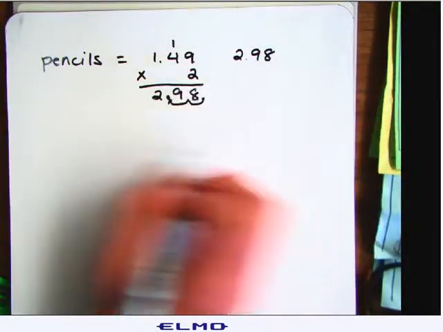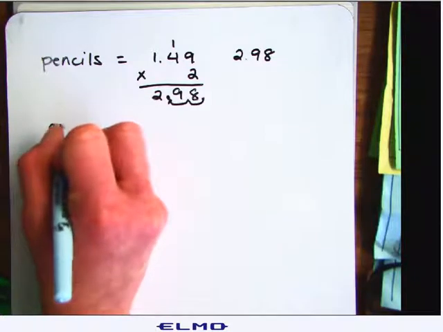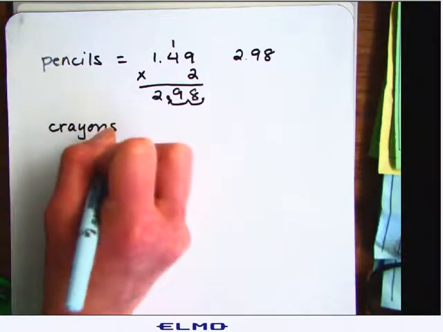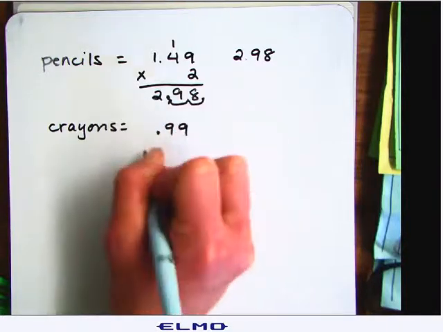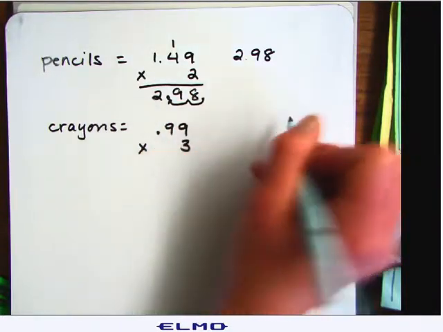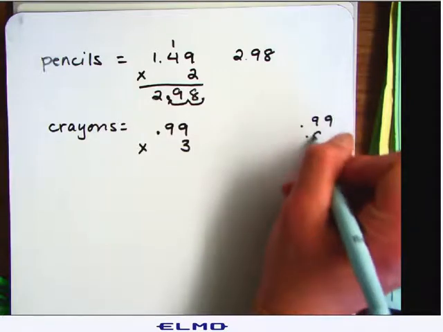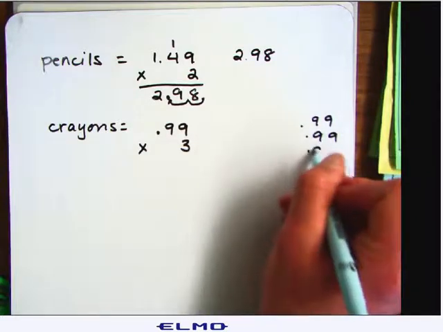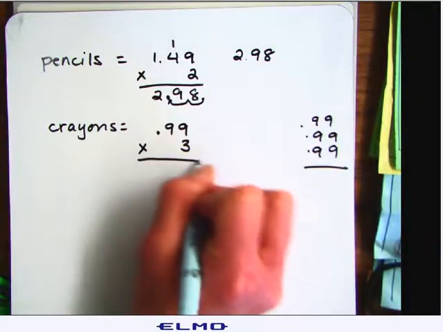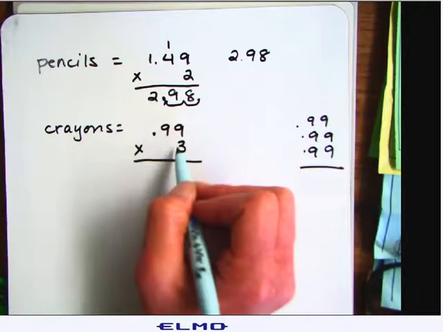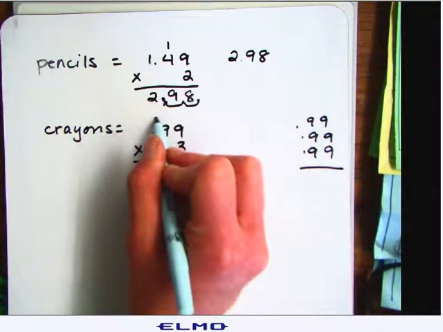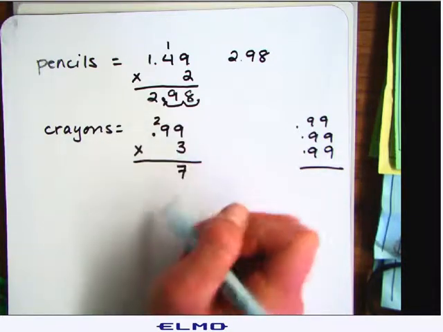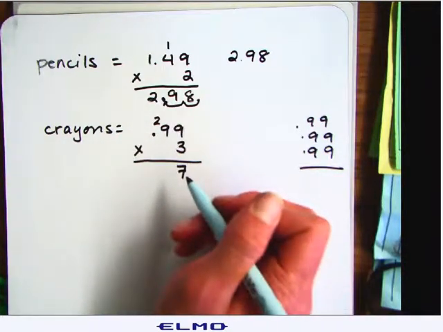And then we had 3 boxes of crayons. So the crayons were 99 cents each. So I'm going to do 99 cents times 3. You could also add this up if you wanted to. That's fine too. I'm going to multiply. 9 times 3 would be 27. Drop the 7 and I'm going to carry the 2. 3 times 9 is 27, plus 2 would be 29.